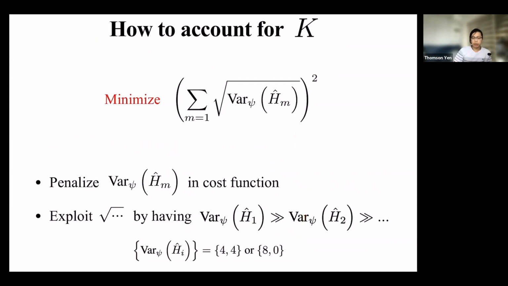If you work out the math, you would find that the first turns out to be 16, and the second one turns out to be 8. The intuition is that when you take the square root of the number 8, it gets rid of a lot more variance than if you take the square root on 4 individually.